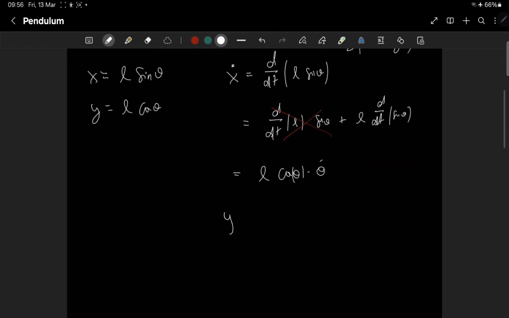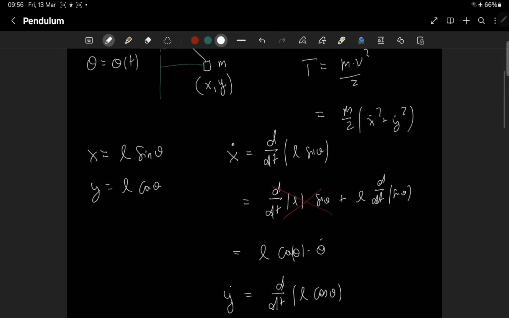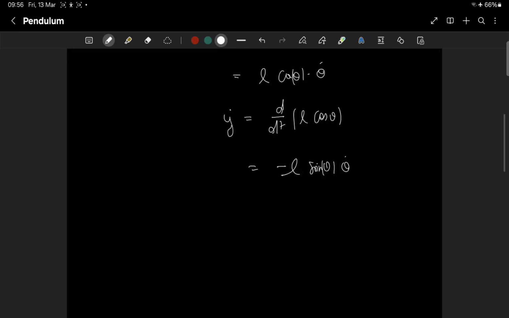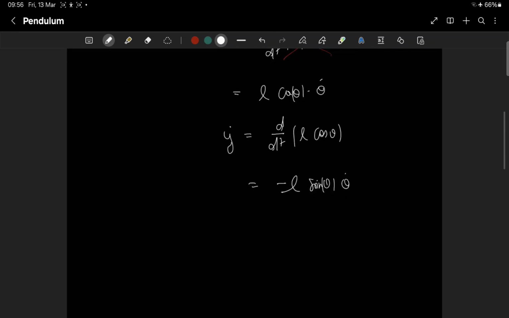Similarly, we can find y dot. y dot is d by dt of L cosine theta, and that's just minus L sine theta times theta dot. And now we want to find the velocity, the kinetic energy. So for that we have to square these two components and add them up.